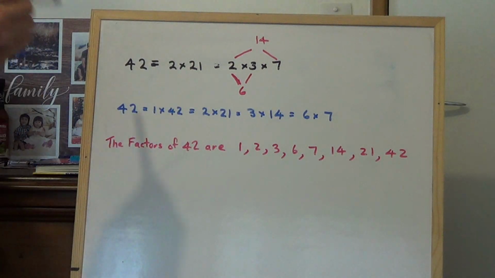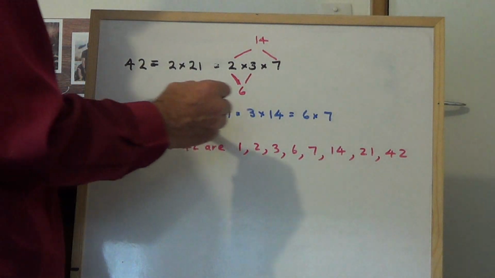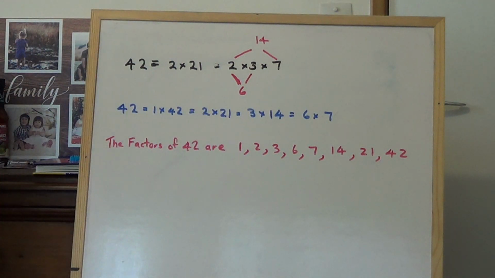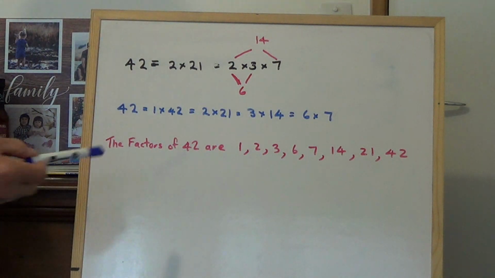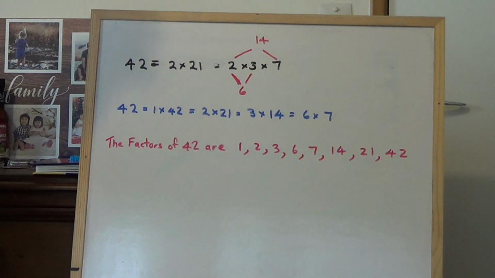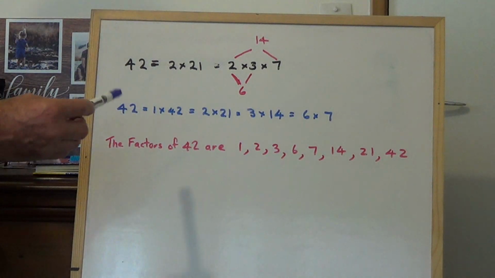So as a check, we write down all the number pairs that will multiply together to give us 42, so we don't miss anything out, because it's very easy to miss it out. I nearly missed out this 2 times 7 is 14.